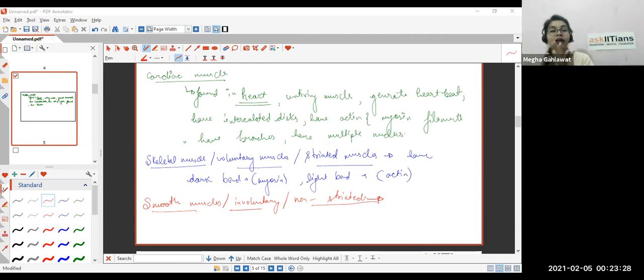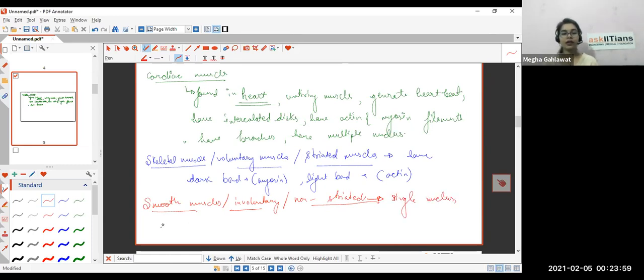And our involuntary muscles are present in the organs which are not under direct control. So that is one thing about the smooth muscles. And they have a single nucleus.